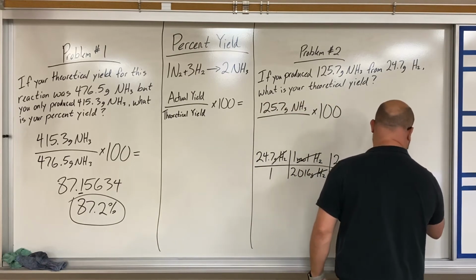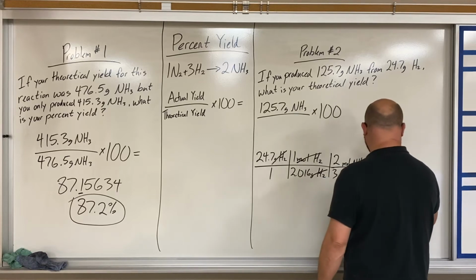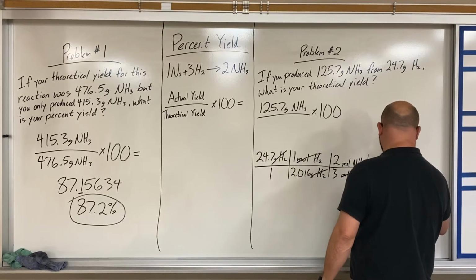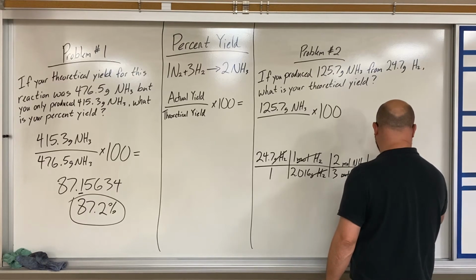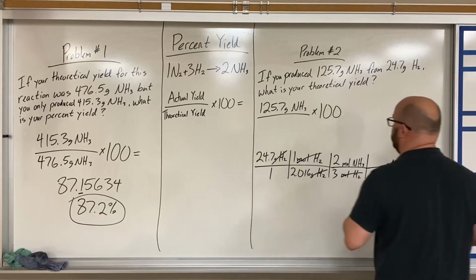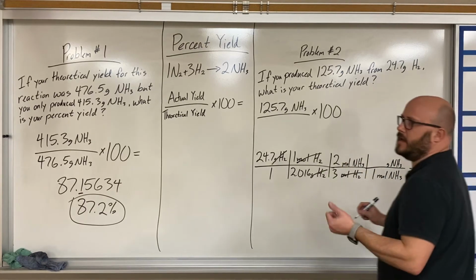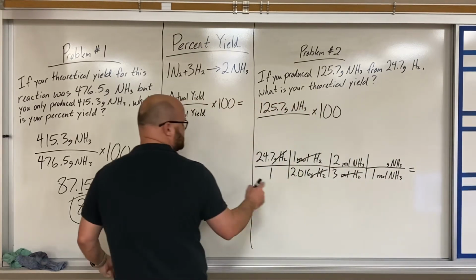Railroad tie, railroad track. 1 mole of NH3 is how many grams of NH3? And as we talked about last time, that's pretty easy to find.